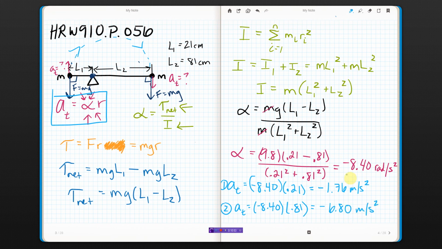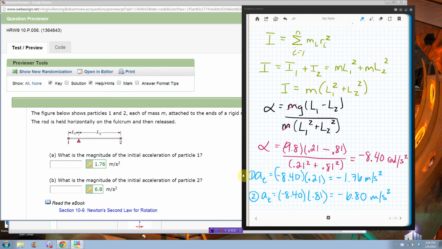Now the actual problem asks for the magnitude of the initial acceleration. That's why the negatives have been chopped off. So I get 1.76 for the first one, check. And 6.8 for the second one, check. Awesome.